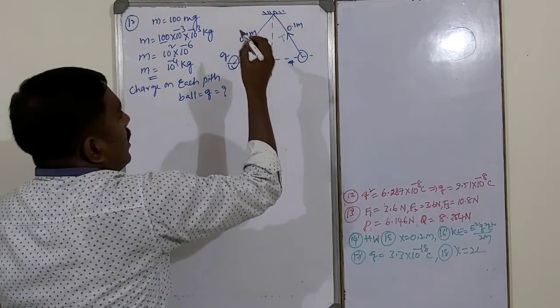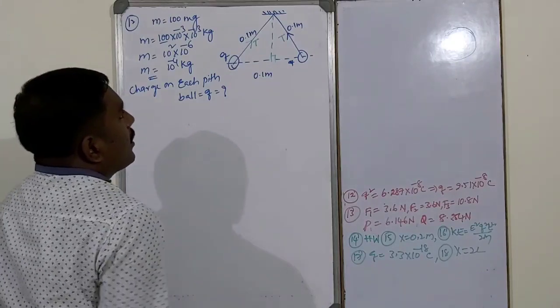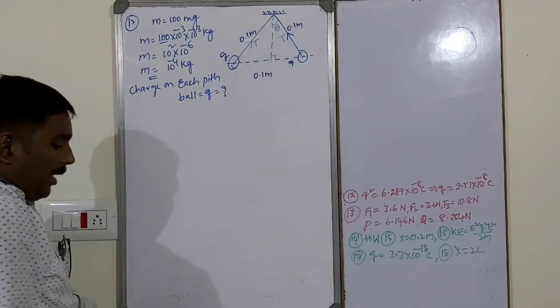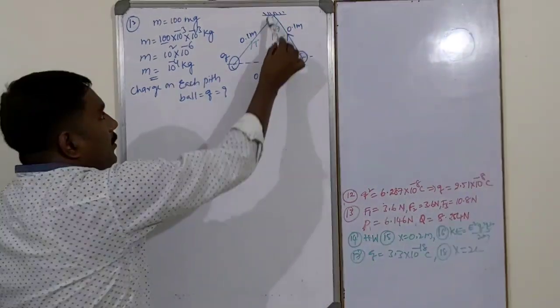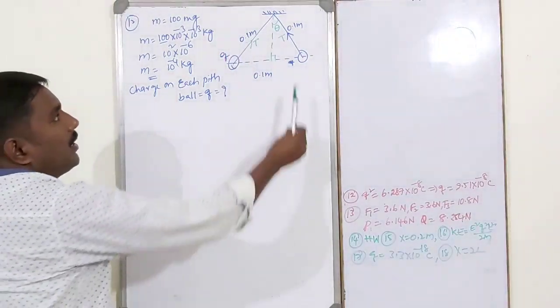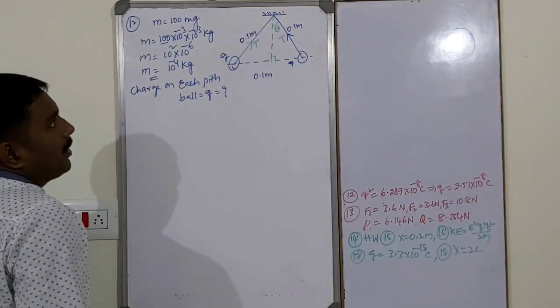This is the center point. Theta be the angle made by the thread with the vertical, that is the angular displacement.